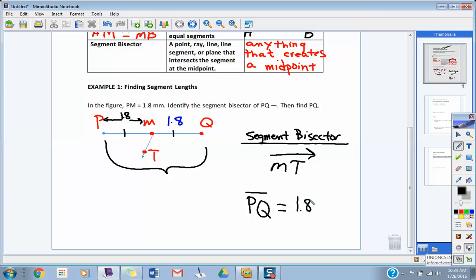Therefore, the distance from P to Q, what's that add up to? 1.8 plus 1.8, what's that add up to? 3.6, and this would be 3.6 millimeters, right?